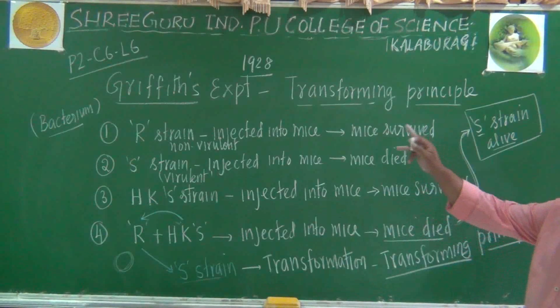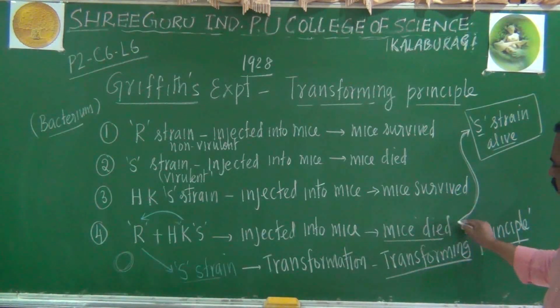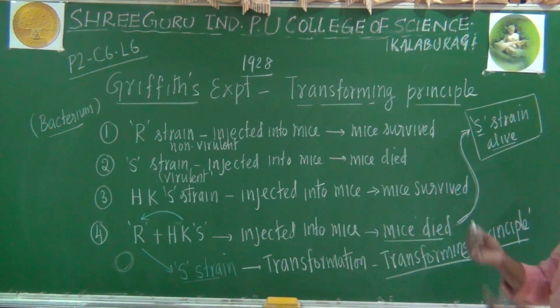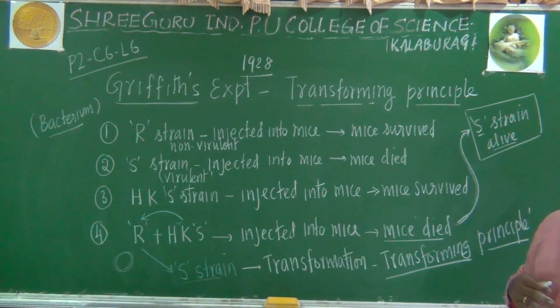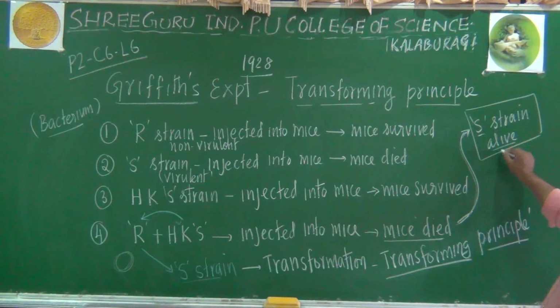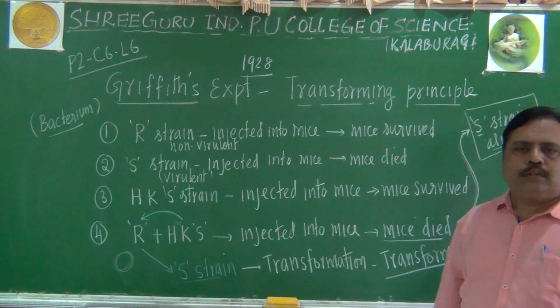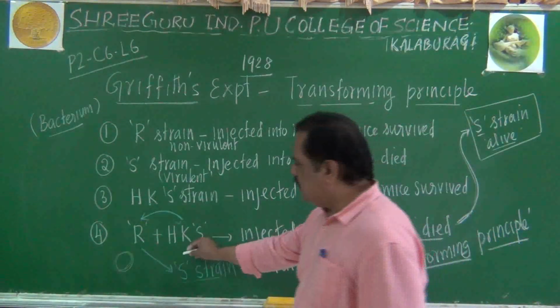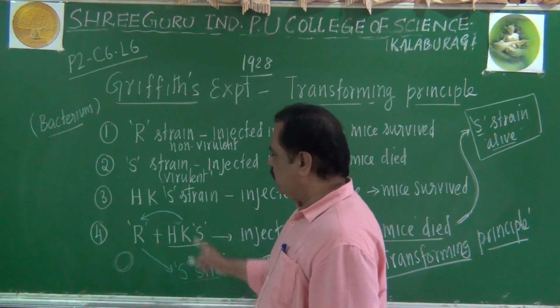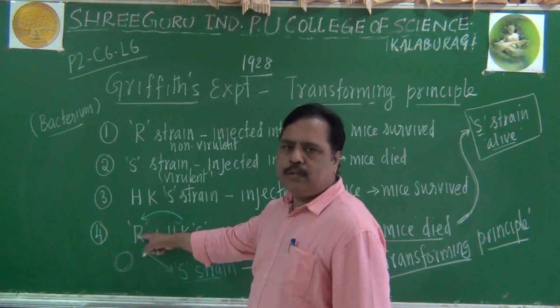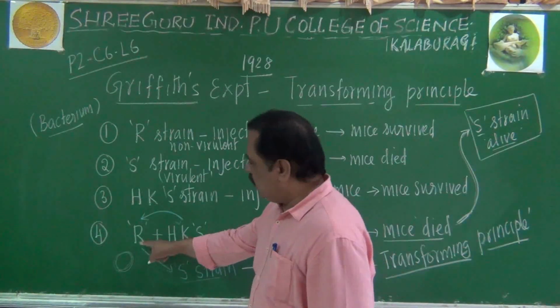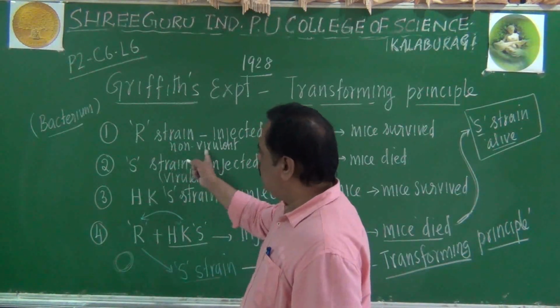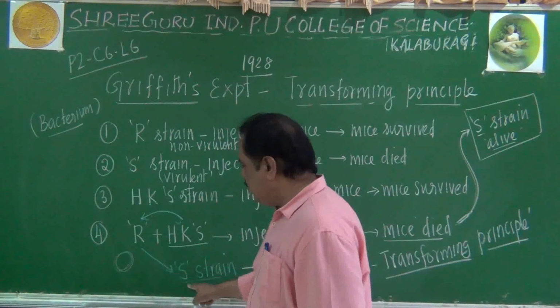For this, what Griffith did means, from the dead mice, he collected the tissues and blood, everything, and he found in those dead tissues S strain bacteria, alive bacteria in that dead mice. So he came to a conclusion, from the heat killed S type, something must have gone into the R type, so that non-virulent R type became virulent S type.